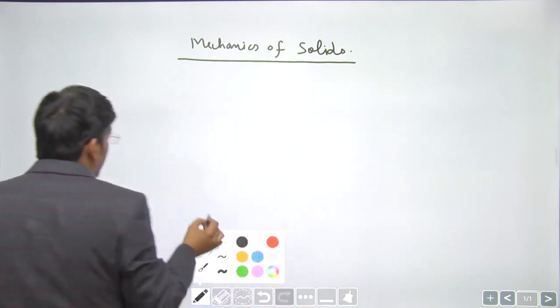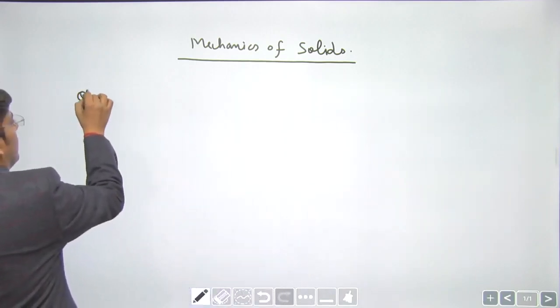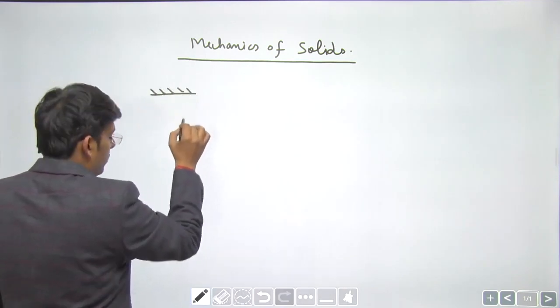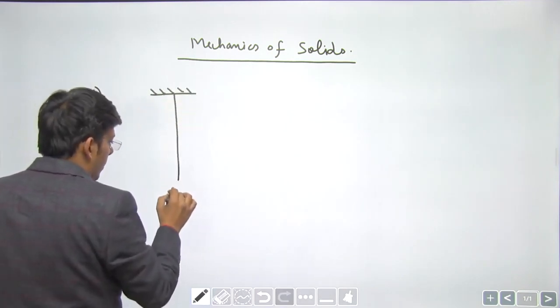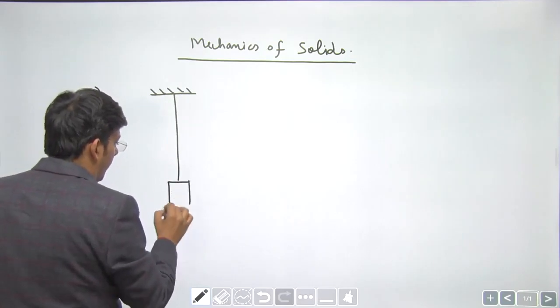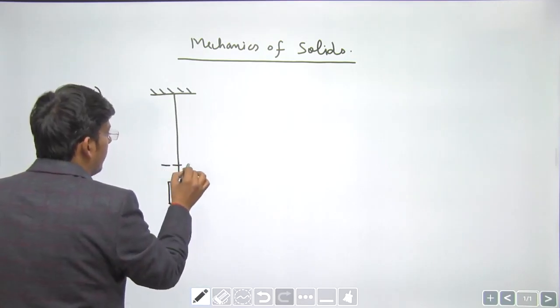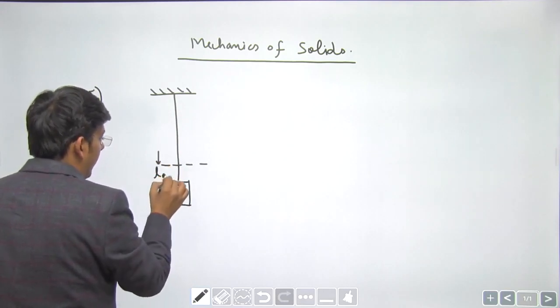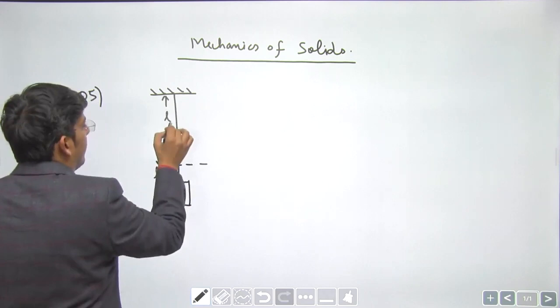See, again a little different question involving the use of upthrust, the buoyant force, also. So there is a steel wire and we had some weight. The steel wire extends by length LA in air. The extension is LA. Let the original length be L, right?